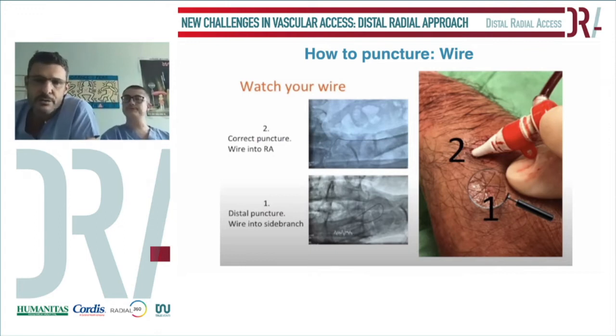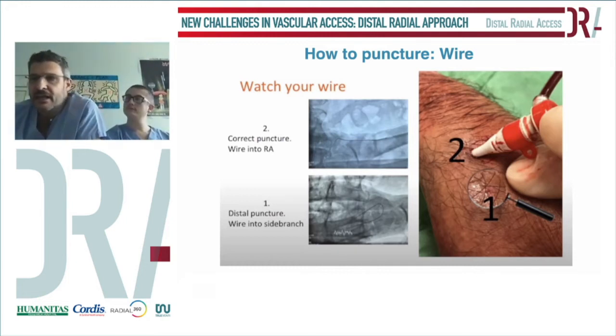Now we are using, as you see in the different videos, in two of the three videos, a spring coil wire, and in the last video, the operator was using a hydrophilic wire. So it depends on your preference, but at the beginning, I think it's better to use a spring coil because it's safer, and you can become confident with this technique, starting from the safer wire.